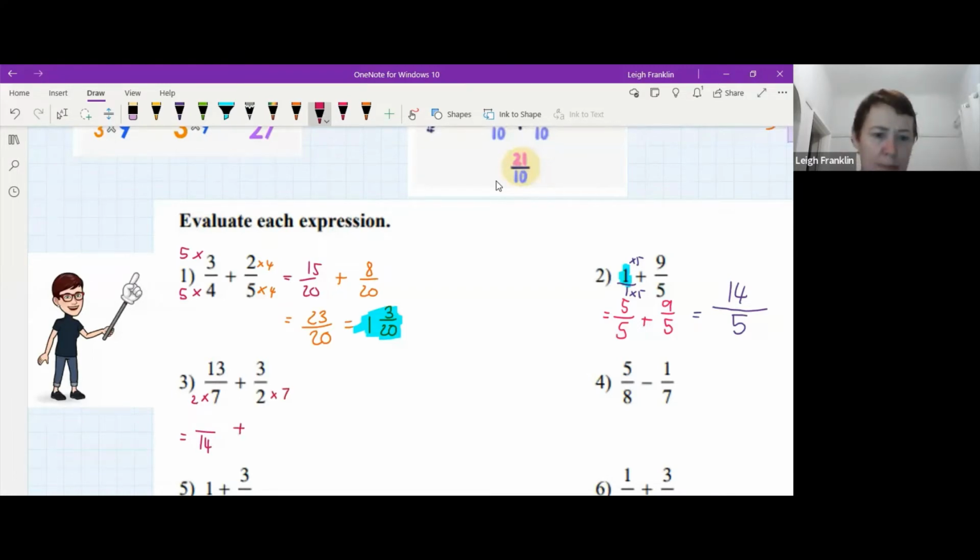Absolutely. So what am I going to do to the 13? Ma'am, I'm going to say 13 times 2. Lovely. And that's going to give me? 26. Good. And then, ma'am, I'm going to say 3 times 7. Lovely. And that's going to leave us with? 21. Good job. And that's going to give us what? 47 over 14, ma'am.